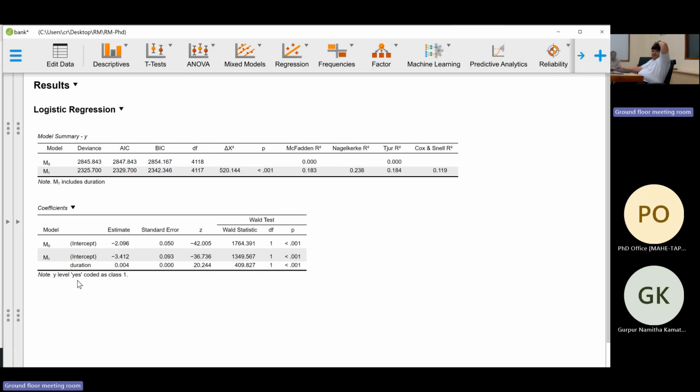So you can see Y level yes coded as class 1. I'll tell you what it means, because you need to understand the equation here.